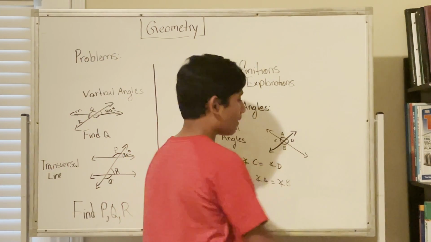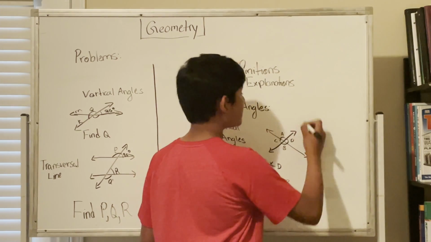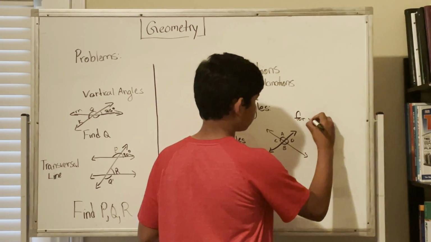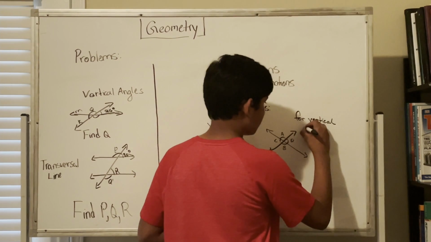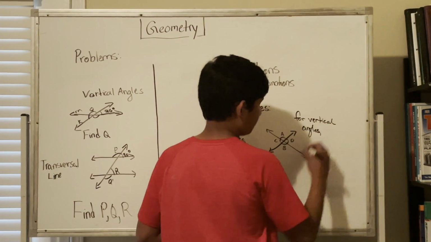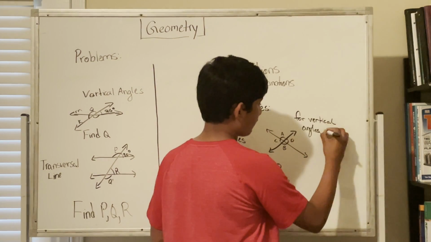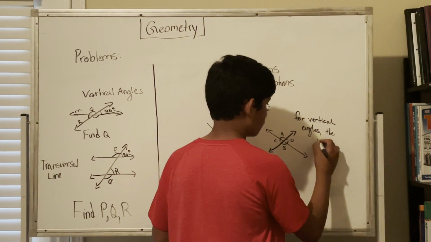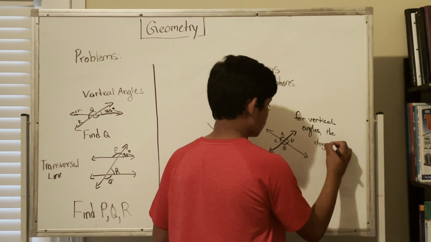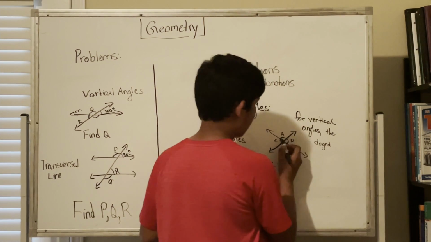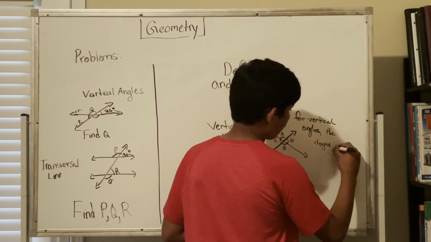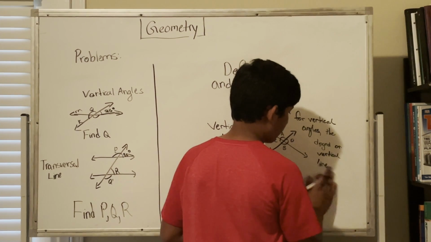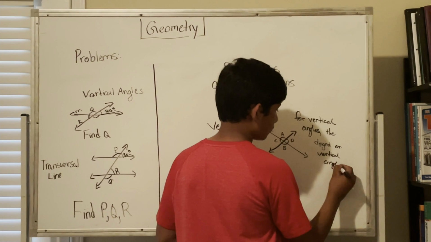Now, we're not going to rigorously prove this mathematically, but you can regard it as a fact or a theorem. For vertical angles, for example, for A, we have no diagonal line or vertical angle below.